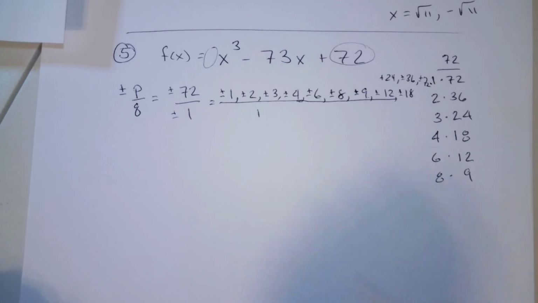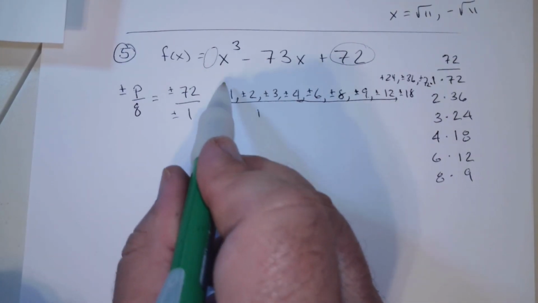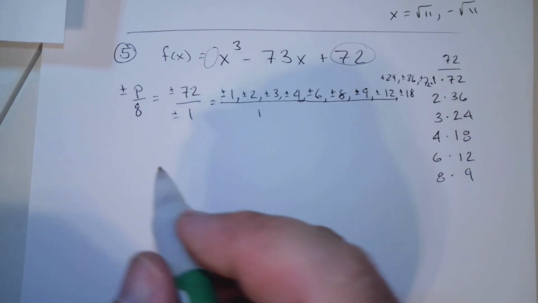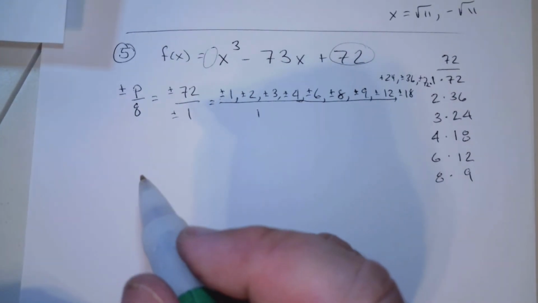So we have 12 times 2, plus and minus. So we have 24 possible things to choose from.